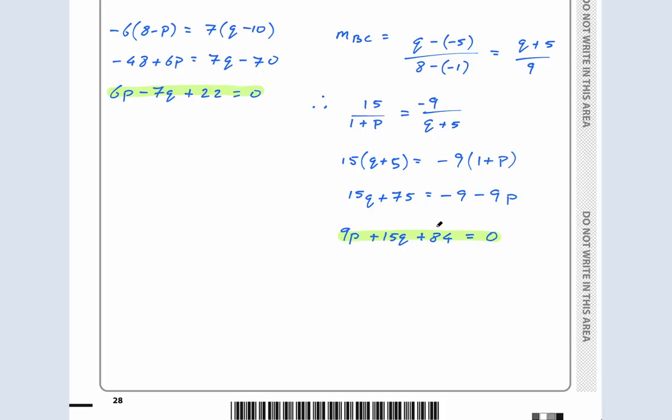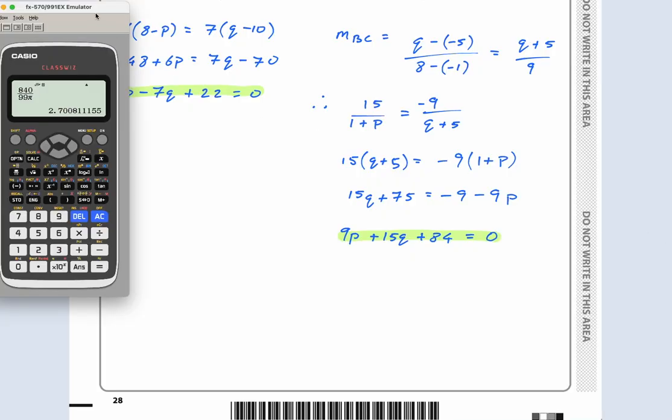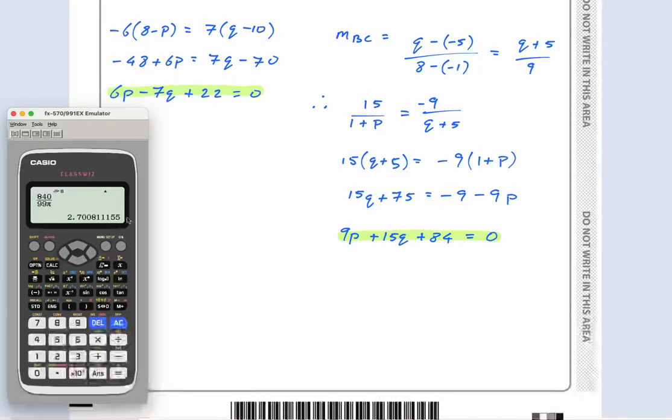Now what I'll do first, guys, and bear in mind you do need to show some working, is just solve it with the calculator first to check if we are right. Although in an exam you can put the answer down first and then go back and show your working. So it's a simultaneous equation. Number of unknowns is 2. They use x and y, so we're going to say x is p and y is q.